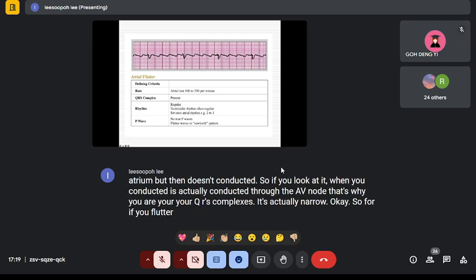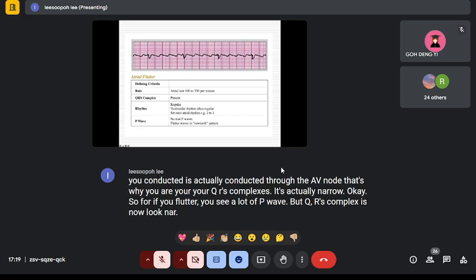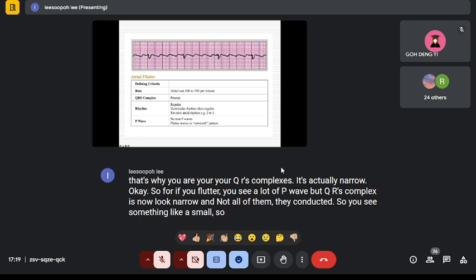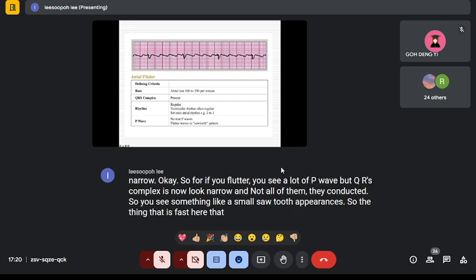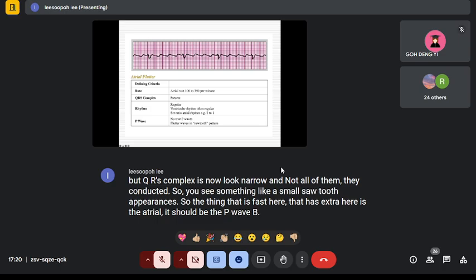For atrial flutter, you will see a lot of P waves, but the QRS complex is narrow and not all of them are conducted, giving a sawtooth appearance. The fast extra thing here is the atrial beat, the P wave.